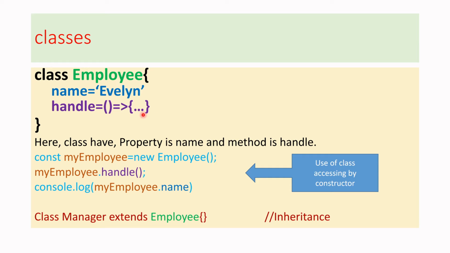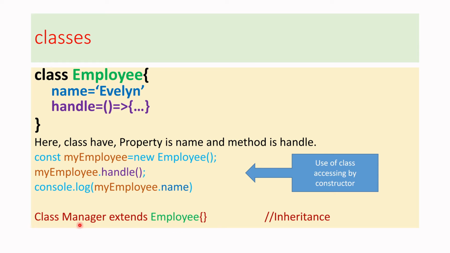The handle method body contains it. And if we want to reuse this name and handle functions anywhere, what we have to do is extend the Employee class. So if we want to reuse this property, you have to extend the class.